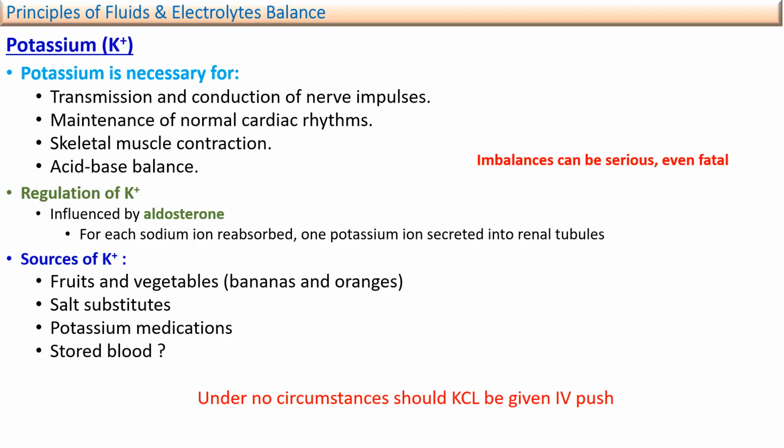Potassium. Potassium is important for the transmission and conduction of nerve impulses, for the maintenance of normal cardiac rhythms, for skeletal muscle contraction, and for the acid-base balance.